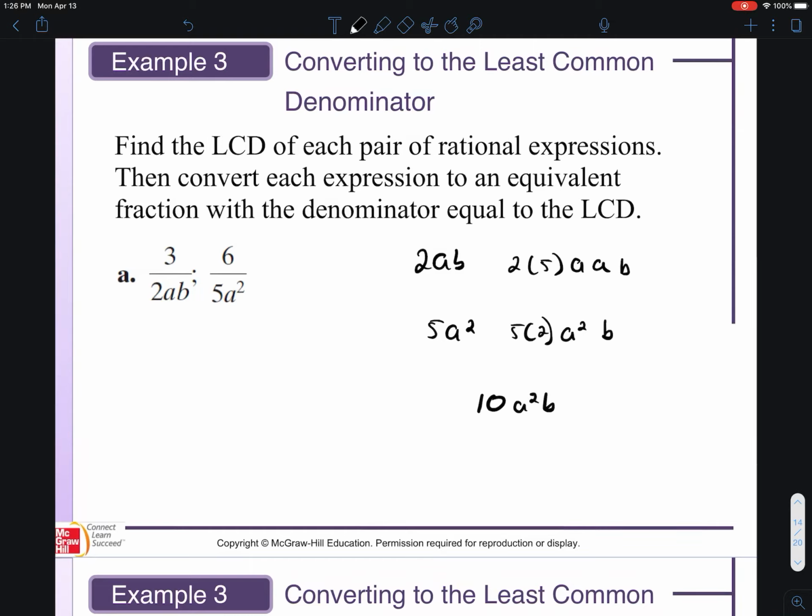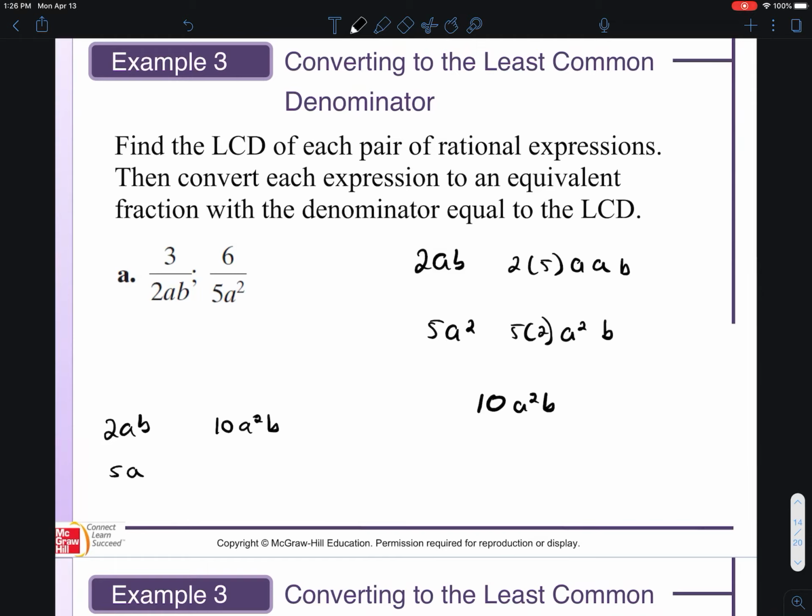So then my denominator is going to be 10a squared b. Now, in order for me to get there, I'm going to have to multiply each of the fractions by what I had to give it. So if you think about the 2ab, and I ended up with a 10a squared b, then what I'm going to multiply by is 5a.